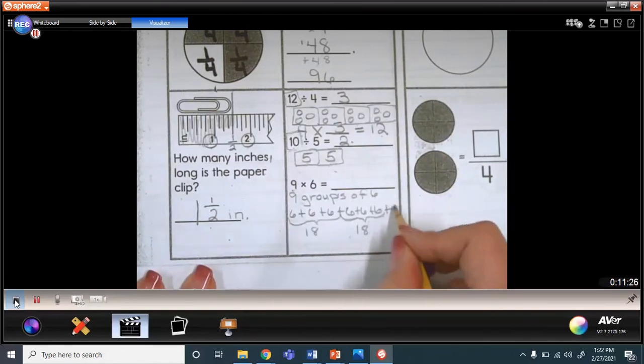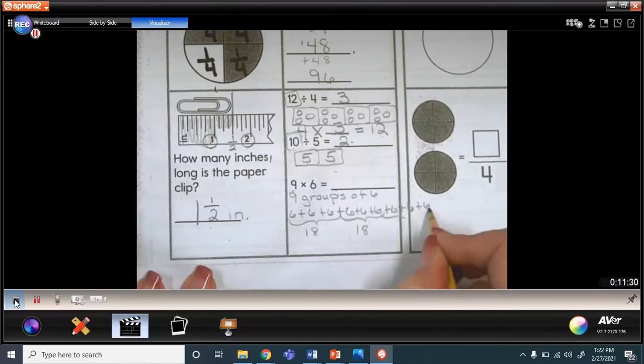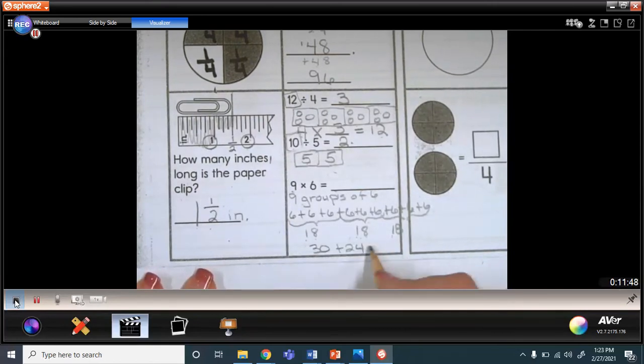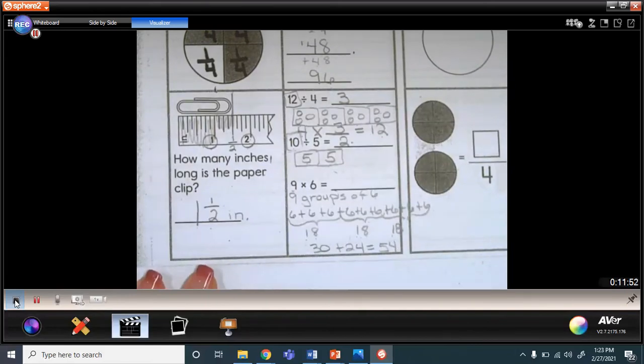And 6 plus 6 plus 6. That's 9 groups of 6. And now I have another 18. So 10, 10, 10 is 30. 10, 20, 30. 8 plus 8 plus 8 is 24, because 8 groups of 3 or 3 groups of 8 is 24. Together, that makes 54.